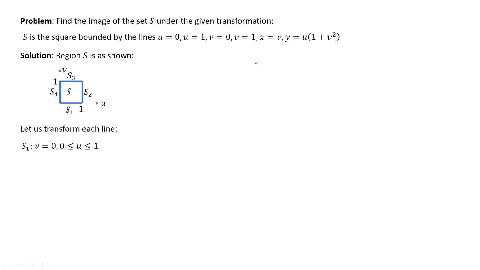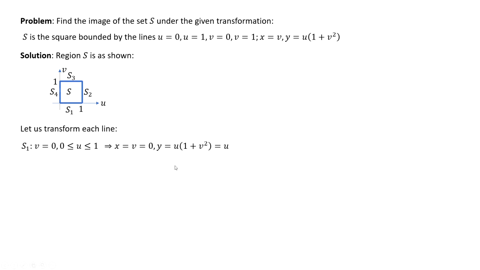Well, clearly, we have X equals V. But V is 0. So X equals V, and since V is 0, X must be equal to 0. And then we have Y equals U times (1 plus V square).